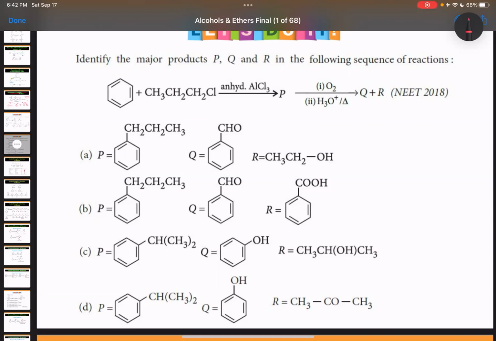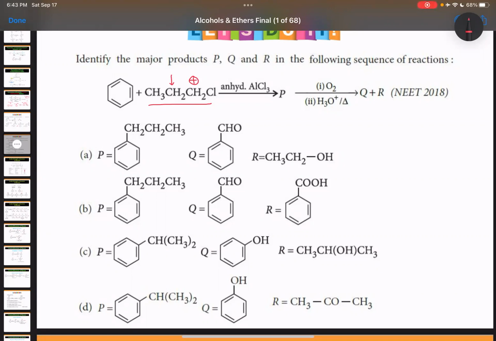Actually, you have taken normal propyl benzene, but it will undergo rearrangement. The cation will form here, but it will shift to this position because it is secondary. And it is going to join from this, so it is isopropyl benzene, and that is P, and you have option C. Yeah, part of it is correct.